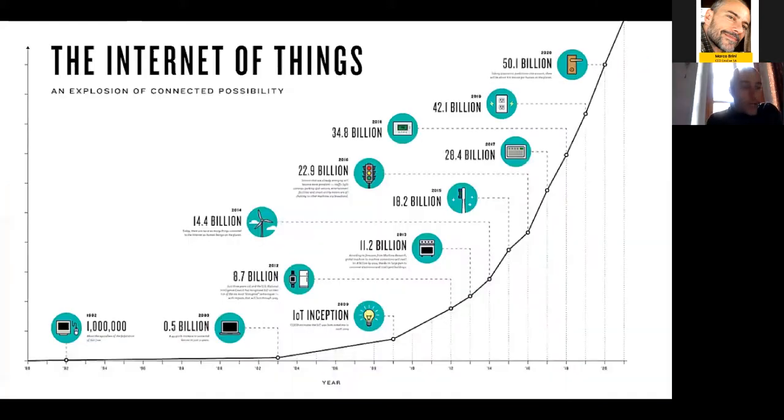Now I'm closing with this chart. This chart is probably a little over optimistic, certainly in terms of years of deployment, but it's probably a couple of years old.